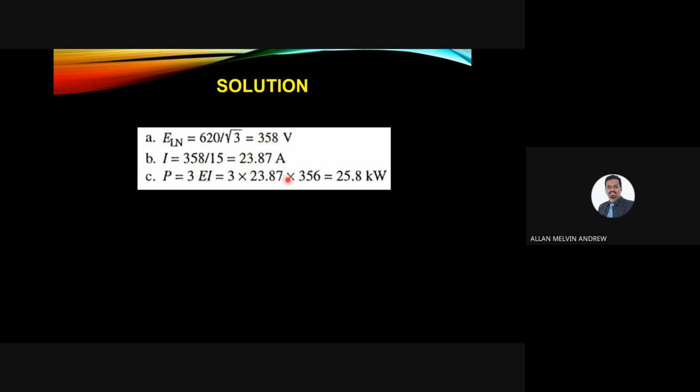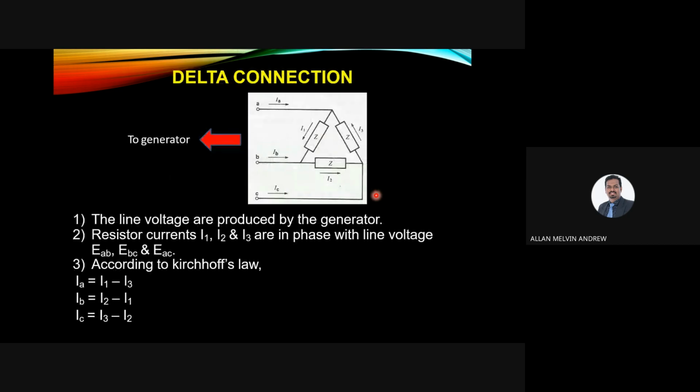E is 358, so times 23.87, you get 25.8 kilowatts. Okay, so that is the calculation for Y connection.